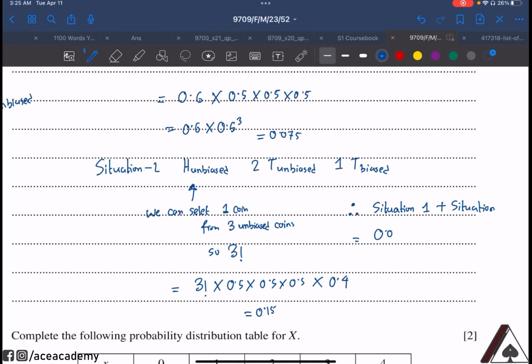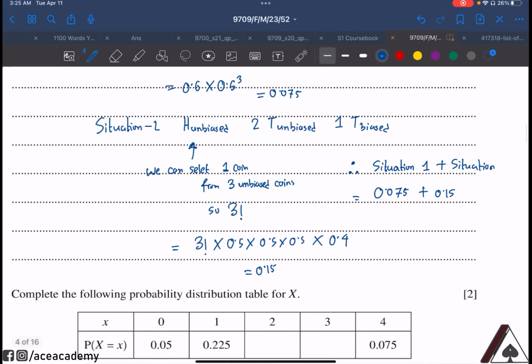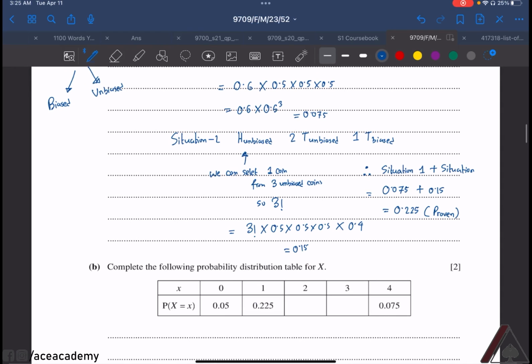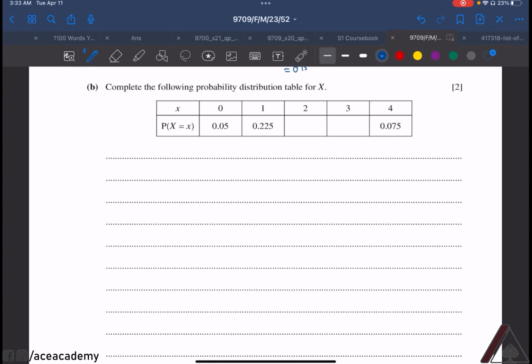So 0.075 plus 0.15 will give us the answer of 0.225. Proven. Okay, so moving on to part 2.